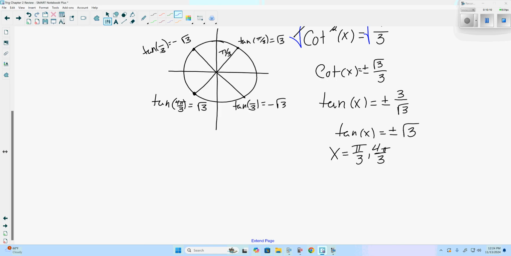So tangent would also be, here is 2 pi over 3, and then 5 pi over 3. And since on the test it's just going to ask you between 0 and 2 pi, we get these here.